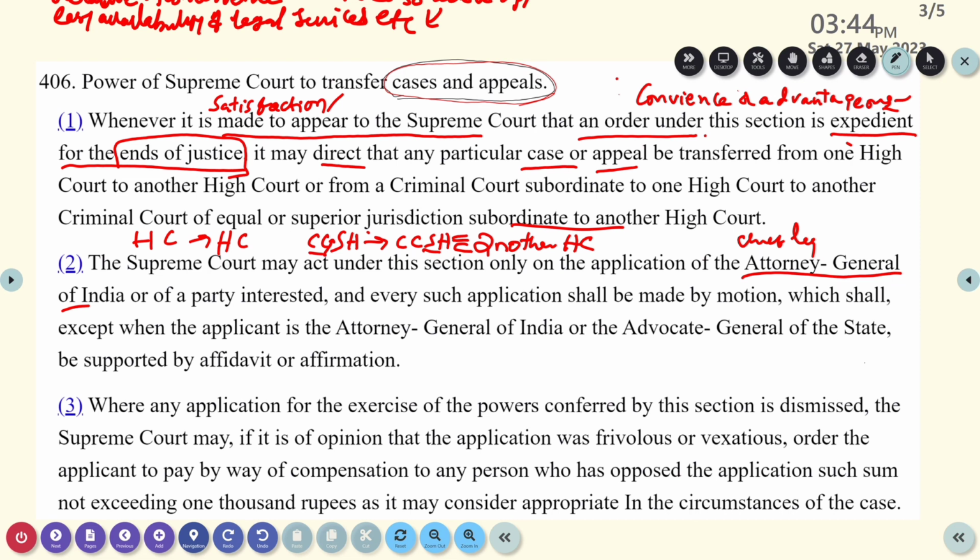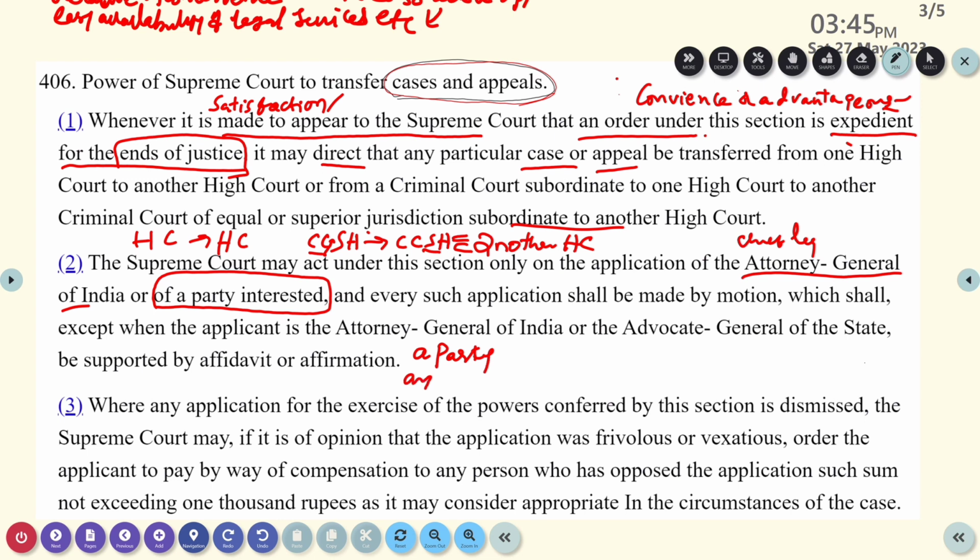That is one choice. Another is a party interested. It is not a party to the proceedings.